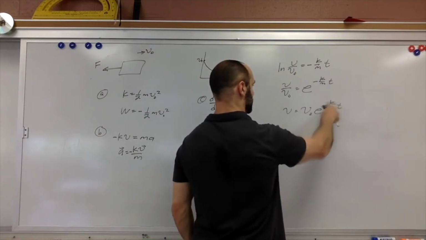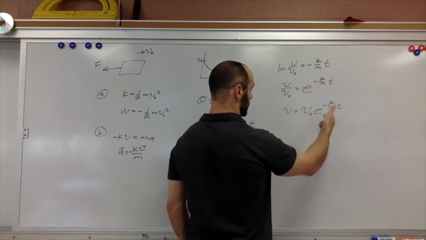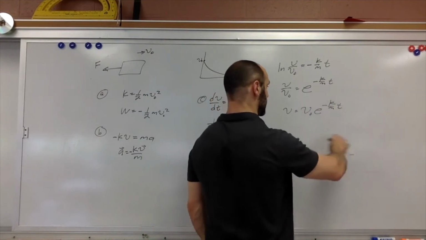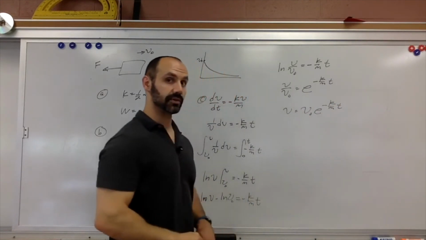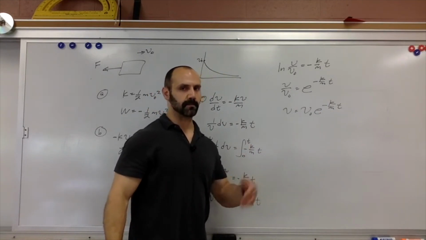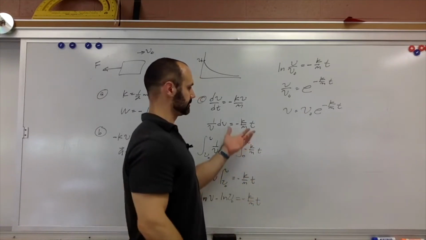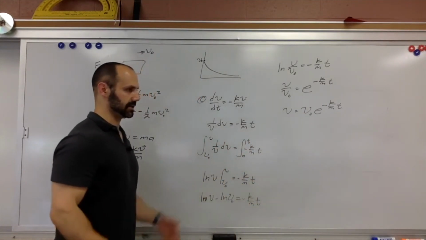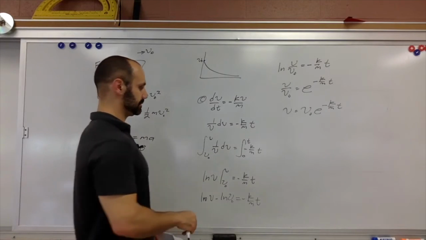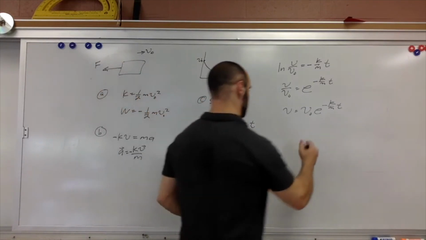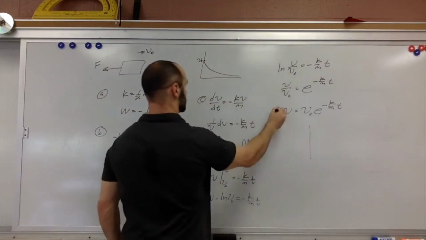Initially, if t is 0, that means this whole thing is 1, so v equals v naught at time 0. And then as time goes on, this gets closer and closer to 0. Theoretically, it never actually reaches 0. Right? But in practice, there are things of different grades. The friction force is constantly changing. It does actually reach 0. So this graph just looks like this.